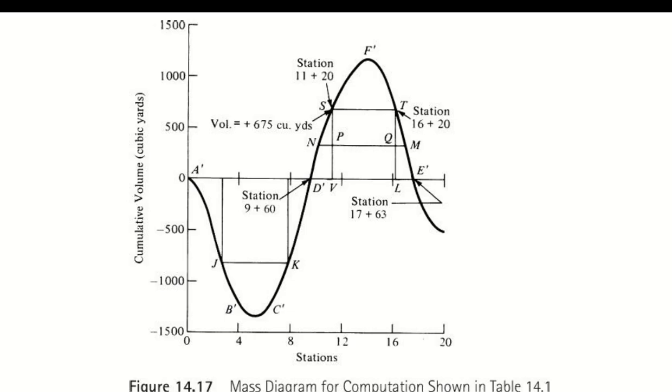Now after 960, the next station is 10, right? So I will take the mid of these two. The distance will be taken from the mid. So 960 and 10, the mid will be 980, right?